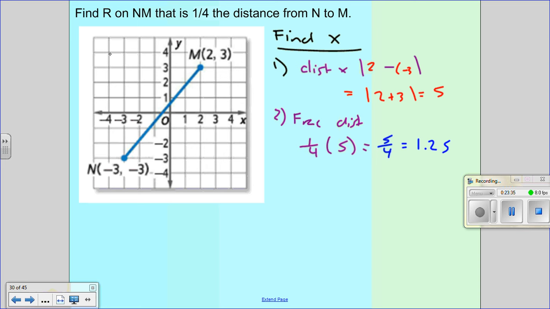And now, step 3, you're starting from N, so you're going to take N and add 1.25. So N's x value was negative 3 plus 1.25, and that would give us negative 1.75, I'm pretty sure.